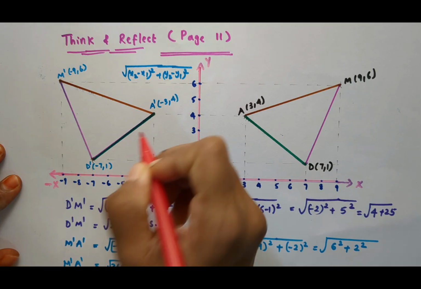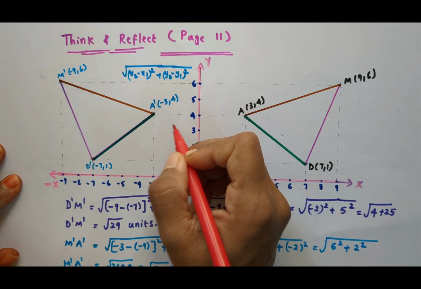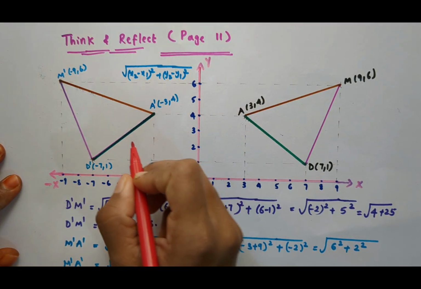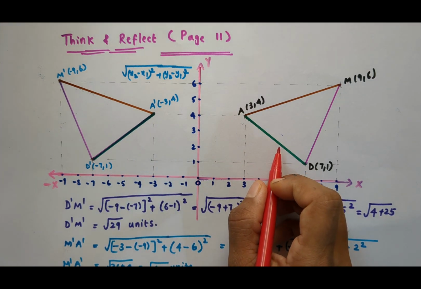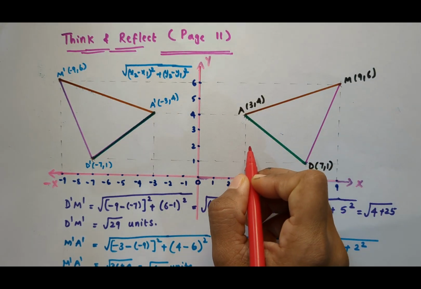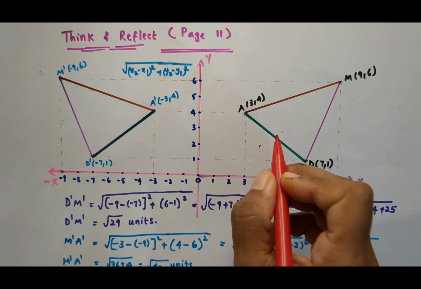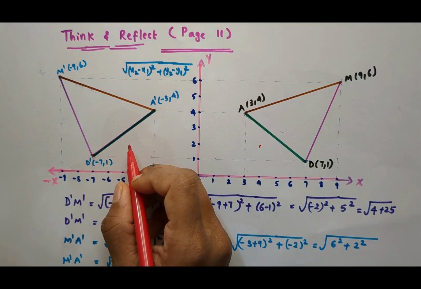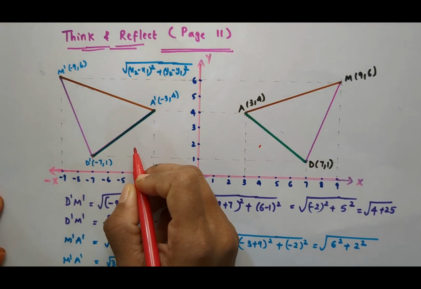The first question is, what has remained the same and what has changed with this reflection? Here we have a triangle AMD in the first quadrant. This triangle is reflected in the y-axis and shown here.